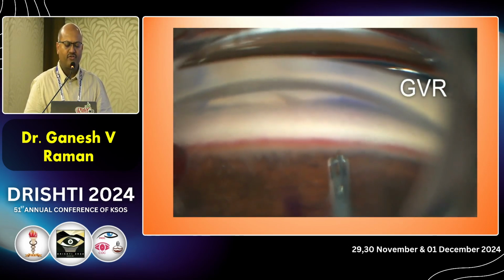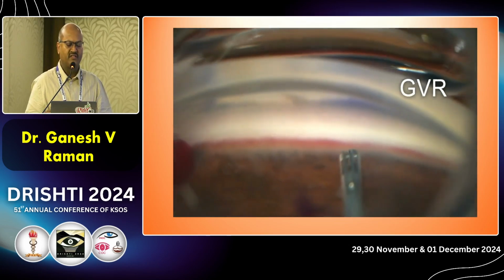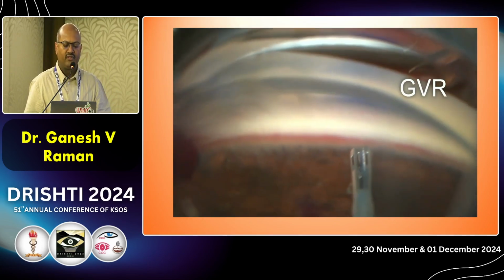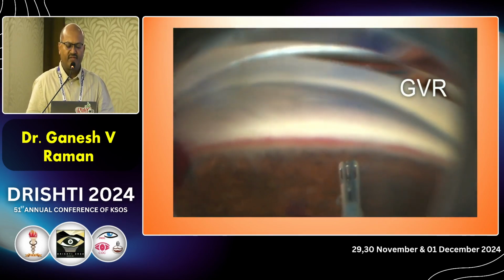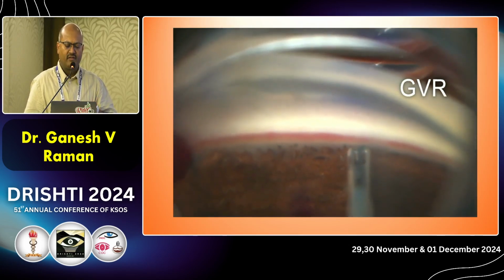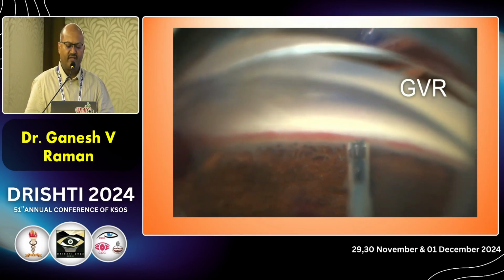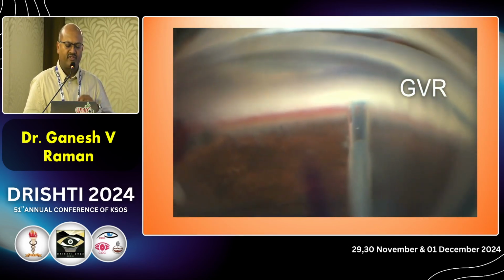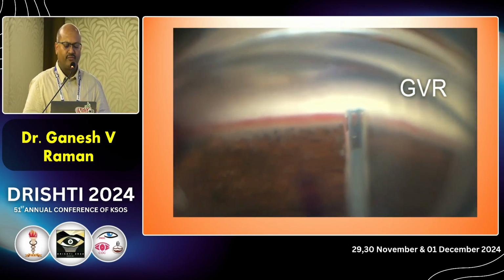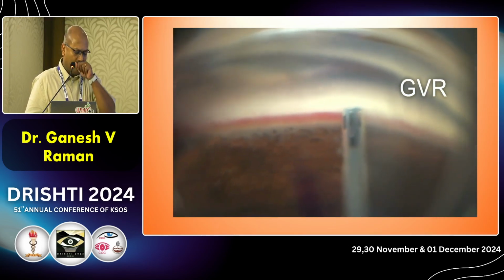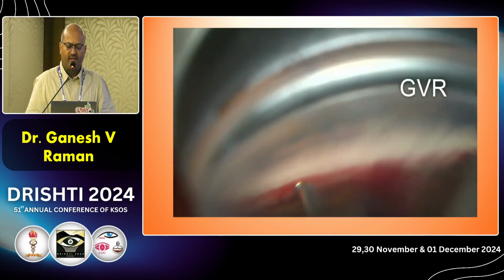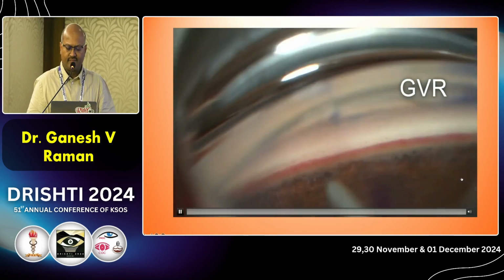If you do the superior one and the blood regurgitates and blocks the view, then you won't be able to do the inferior one. So do the inferior one first, so that the blood goes down because of gravity, and then you can shoot the second one. It is quite costly, so we offer it to patients with mild to moderate open angle glaucoma who have insurance, and that's the end of the procedure.